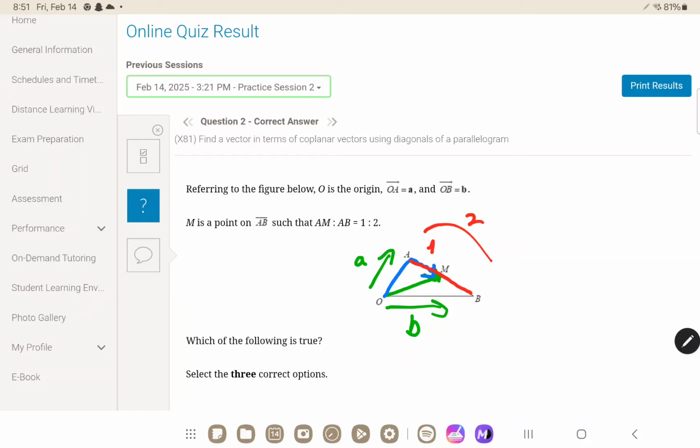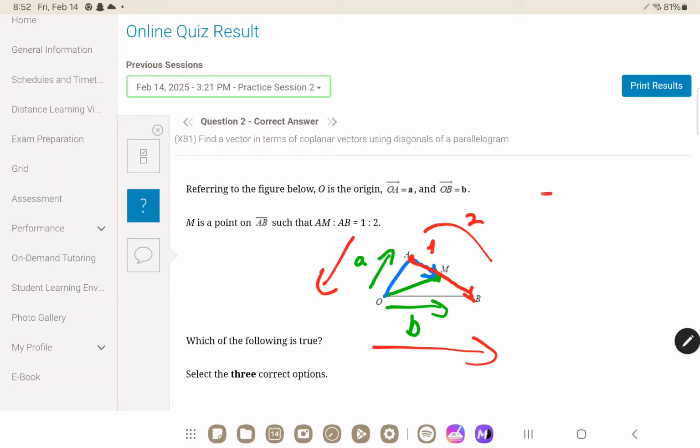AB is equal to AO plus OB. AO plus OB gives you AB because it's a vector going in this direction. AO is negative A, because A is a vector going this way.